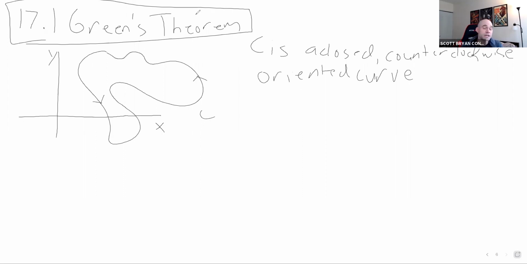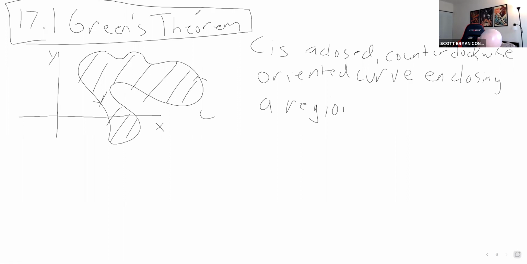Okay, so C has to be a closed curve. It needs to enclose a two-dimensional region. So D is the enclosed region.